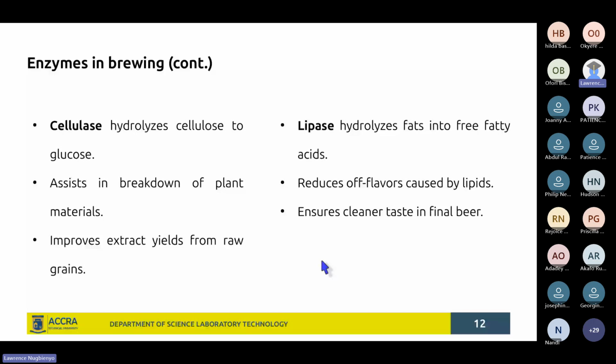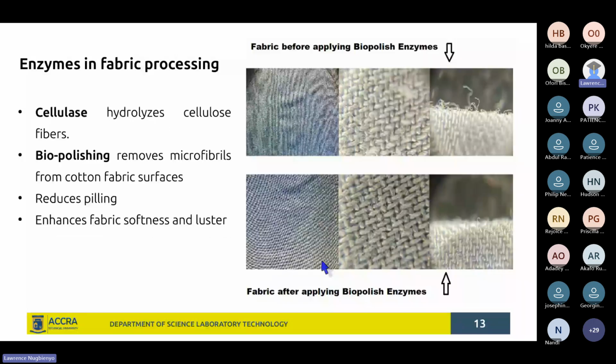Now, we move to the textile industry. In the textile industry, the things we've talked about, like cellulose, is actually a major component of fabrics, because that's the indigestible part of plants. What do we use in making these fabrics?